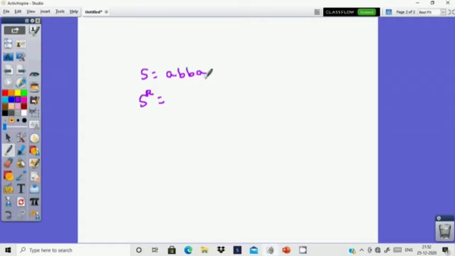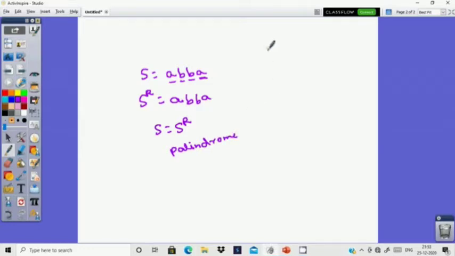What is meant by reverse? You just put the right side value on the left side. A is on the right side, so A, then B, then again B, and you end with A. So S equals S to the power of R. Both are equal, so it is called a palindrome.